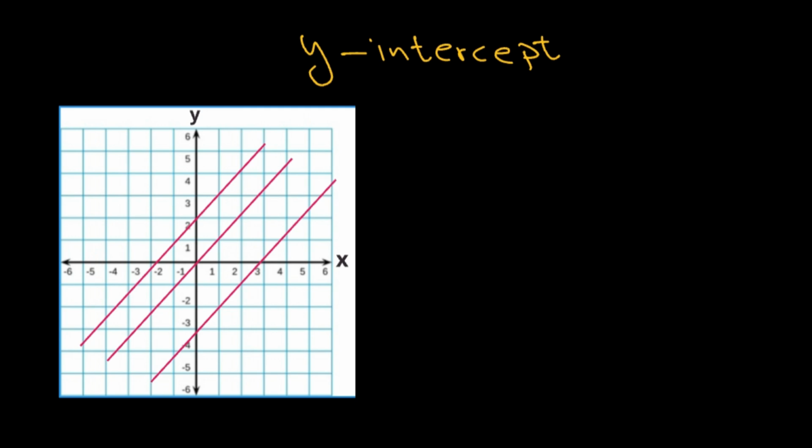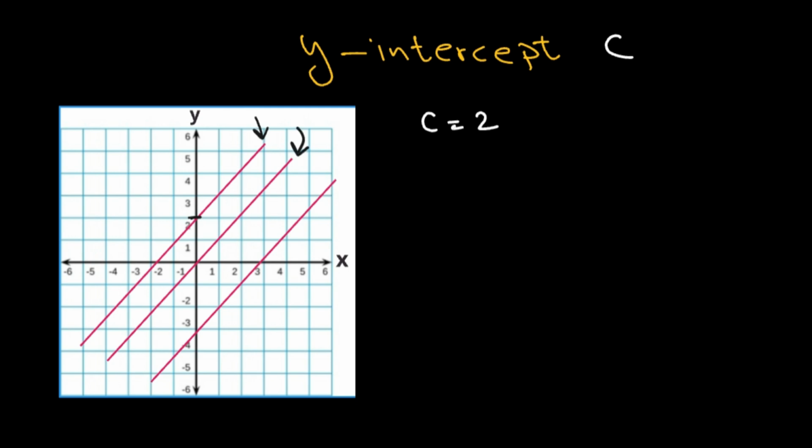Now let's get to know what is y-intercept. So y-intercept, represented by c, is the y value at which the line intersects the y-axis. So this line intersects the y-axis at y equals 2, so the y-intercept of this line equals positive 2.